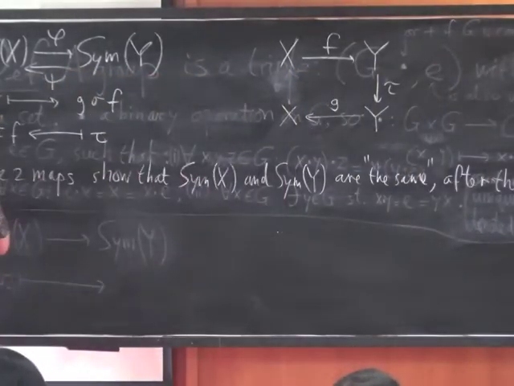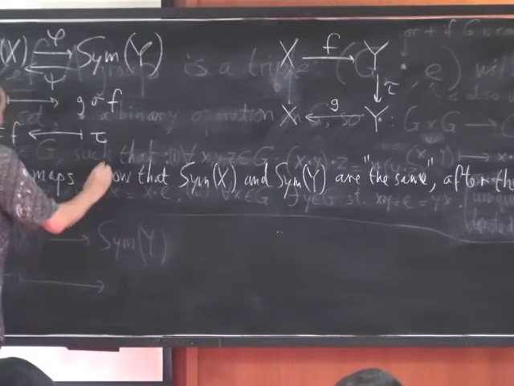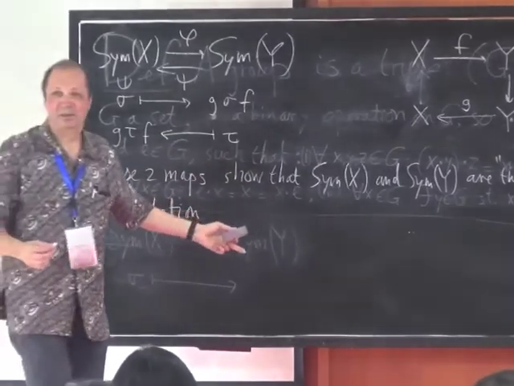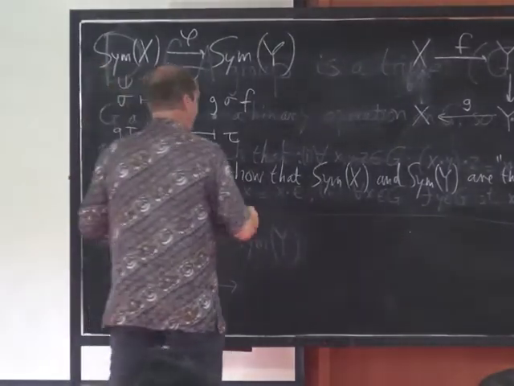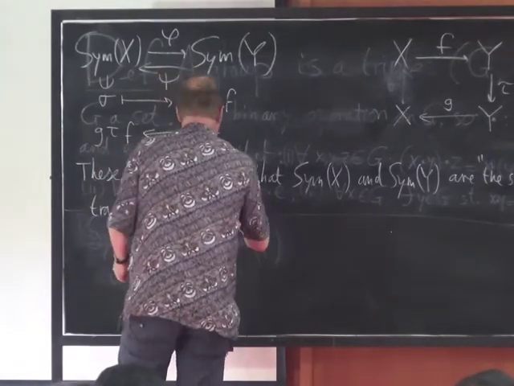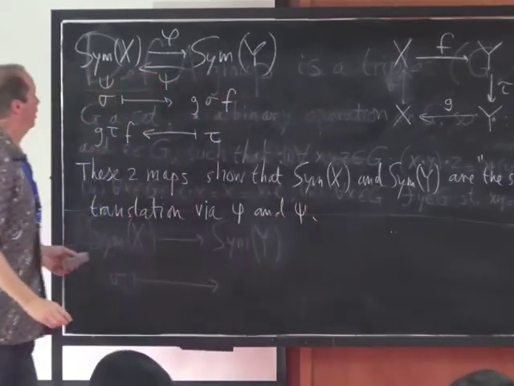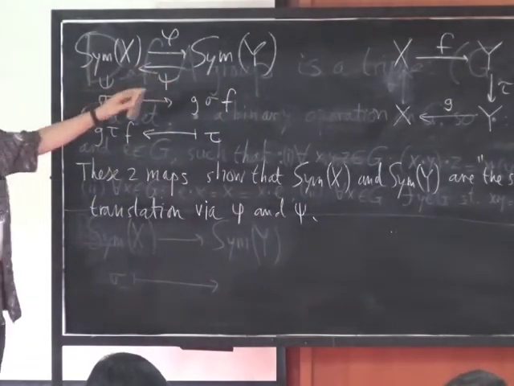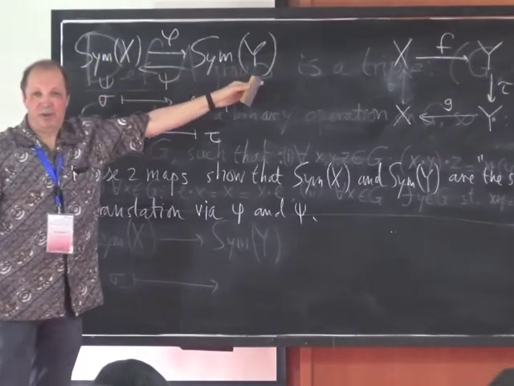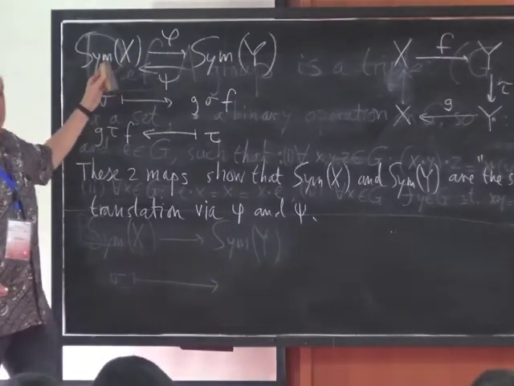And this is translation in the sense of language, not in the sense of a translation by an element in a vector space. After translation via phi and psi. What I say is, if I have two elements here and I take their images, I could multiply them here and then take the image.